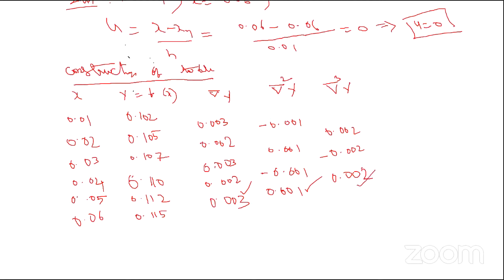Then delta to the power of 4 y: minus 0.004, 0.004.